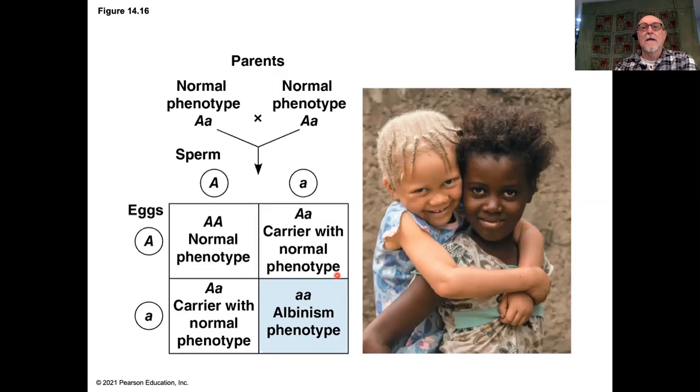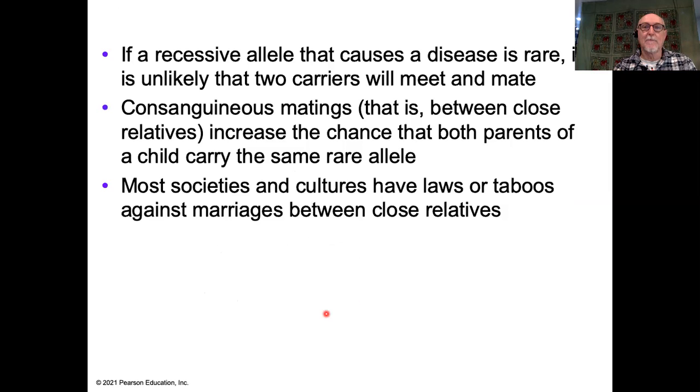If albinism were associated with some really serious health disorder, it would be likely that the gene would move out of the population, because anybody severely affected by an illness would tend to reproduce less. Their chances of reproducing are lower, and the gene tends to move out of the population.